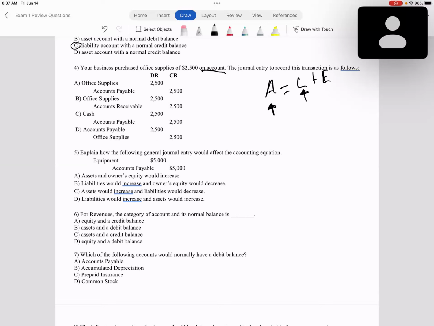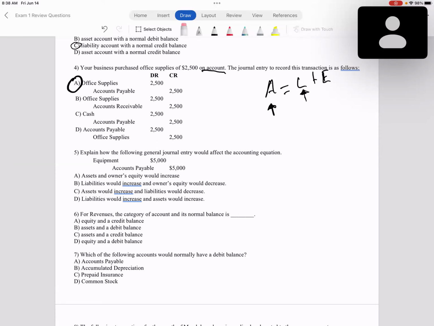So now let's see if we can find that concept. So our assets are going up, office supplies, and then accounts payable. So that looks great. Let's look through these others and understand why they're not right. So office supplies, that part is correct, but accounts receivable is going down.